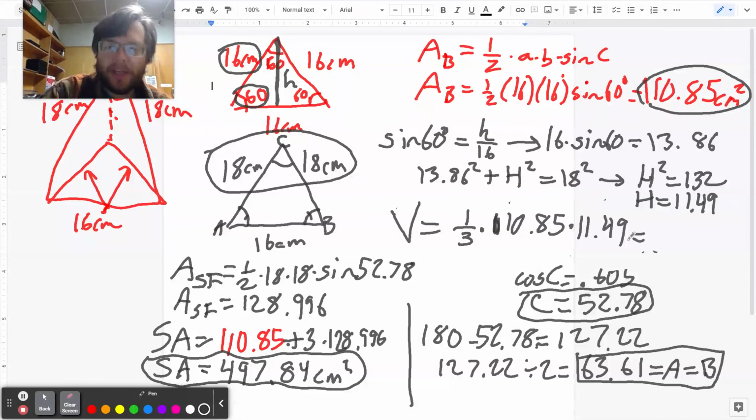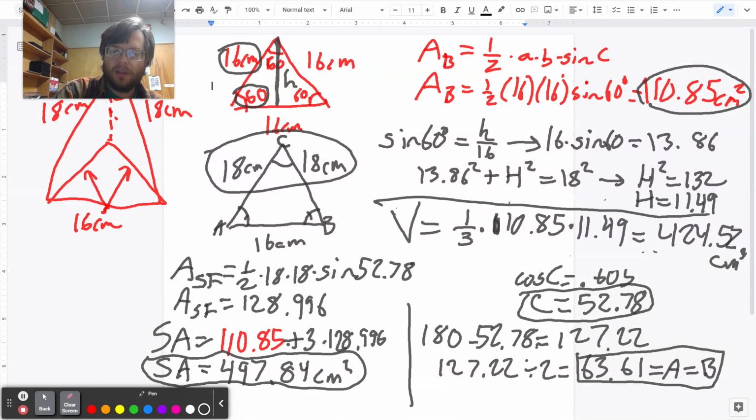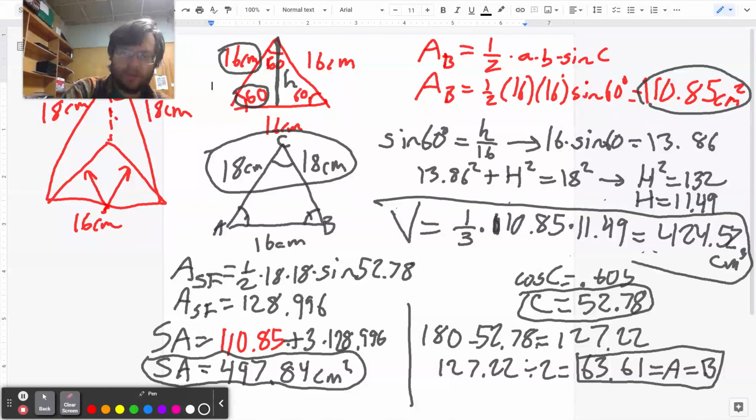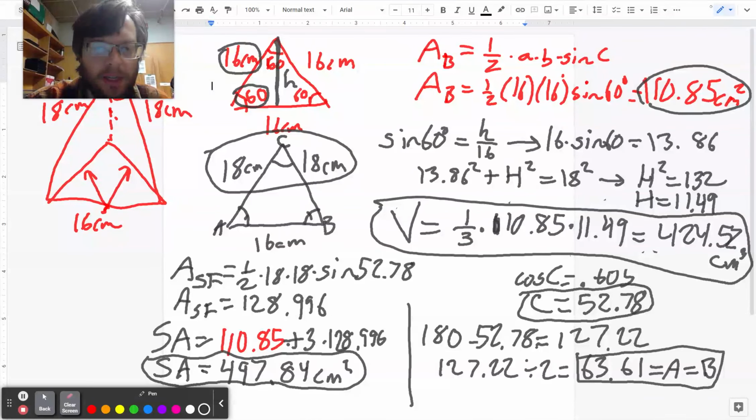And if you type all that in, you get 424.52 cubic centimeters right there. So there we go. We used a lot of different triangle tools to figure out all of the different measurements of this triangular pyramid. All right, please ask questions or comments if anything was confusing.